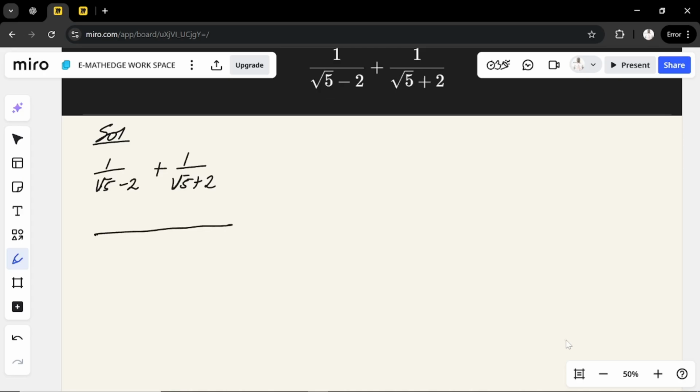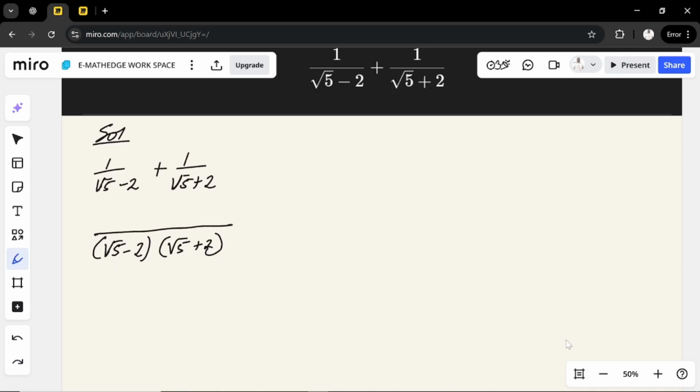And what is the LCM of the root of 5 minus 2 and the root of 5 plus 2? So it's going to be the root of 5 minus 2 multiplying the root of 5 plus 2. So this makes up the LCM, right?